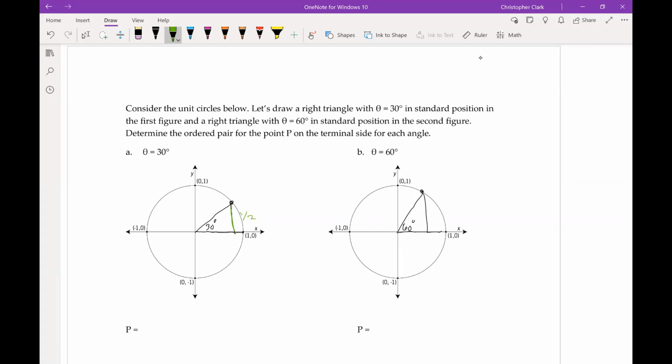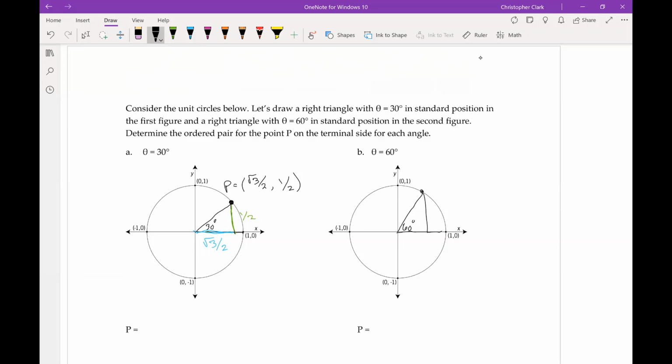And this length down here, I'm going to do this in blue, is the cosine of 30, which we know has a length of square root of 3 over 2. Now that means that we can create this point: we had to move over square root of 3 over 2, and we had to move up 1/2. So we actually know what this point is on the unit circle.